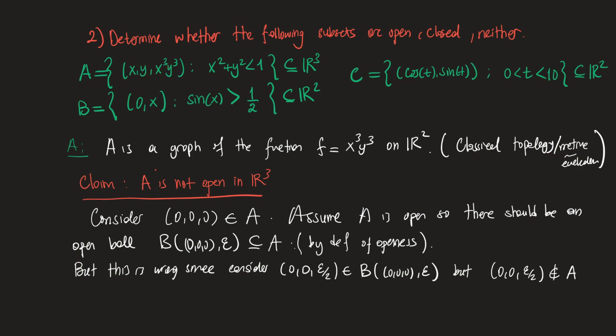When you put the first and second coordinates as 0, 0, the third one should be 0, but that is a contradiction. So it is not in the set, so A is not open.